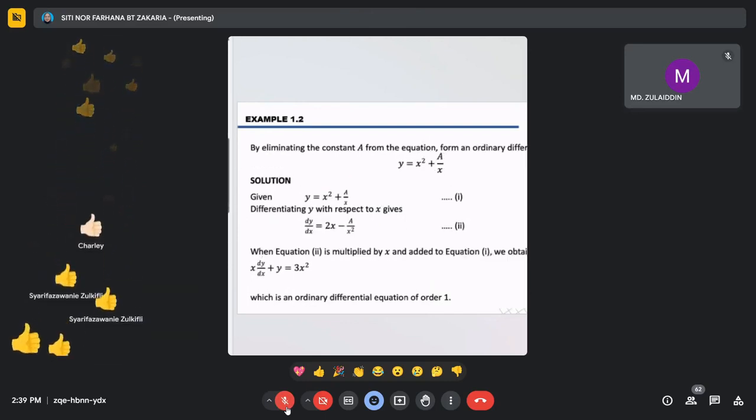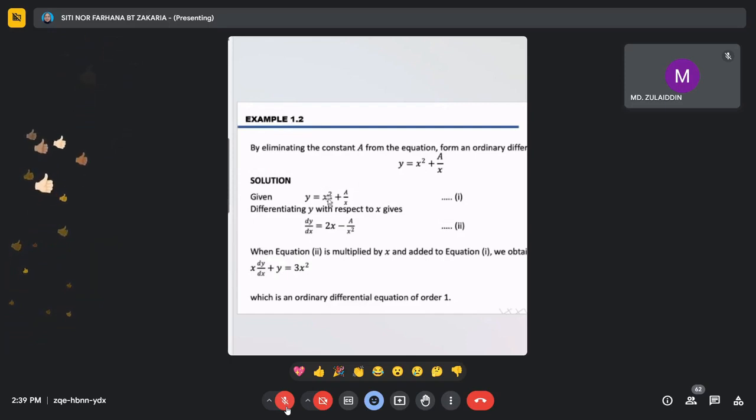Let's see example 1.2. Okay. Example 1.2, how many arbitrary constants do you have? This is the function. One. Okay, 1. So you need to differentiate how many times?